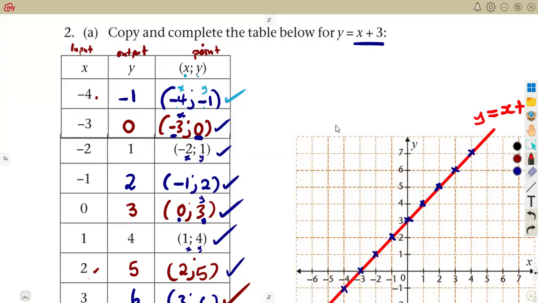To say a point is on a graph, it must satisfy its equation, the conditions you're given there. If I substitute the x value, I must get the y value. That is what it means.